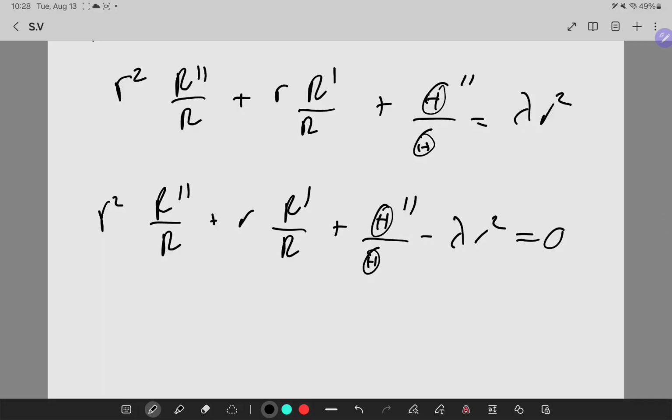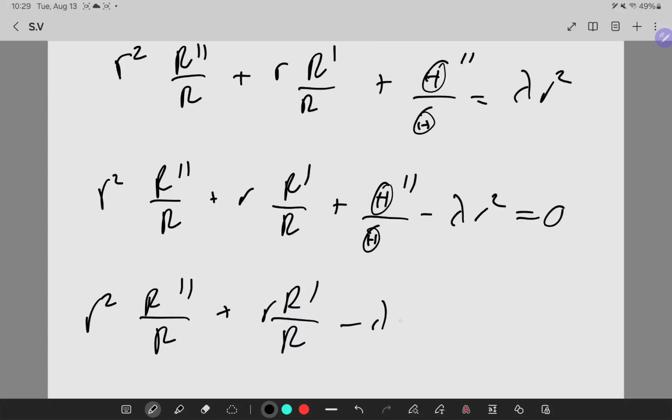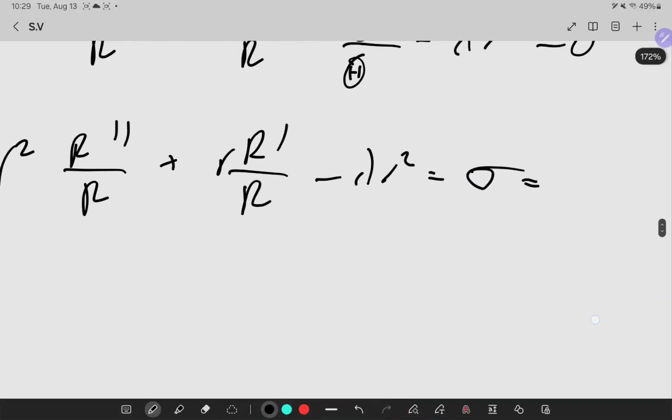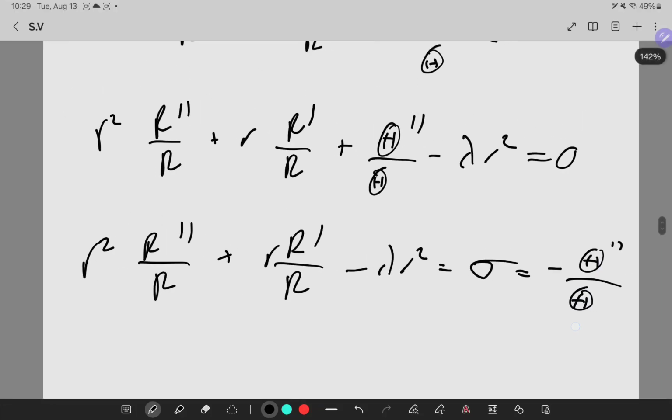We're going to move the theta part over to the other side, and we're going to add in a new separation constant. I will use sigma. Negative theta double prime over theta.